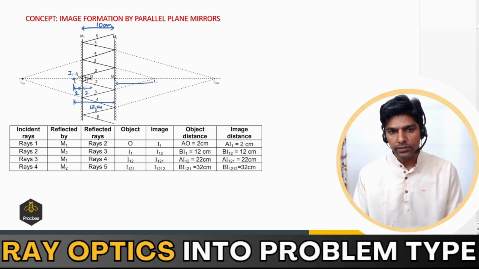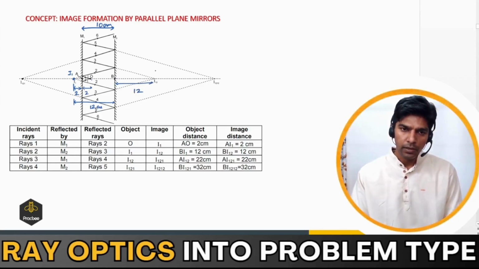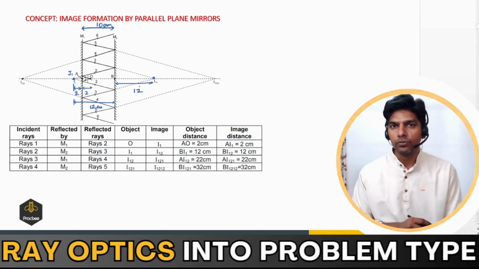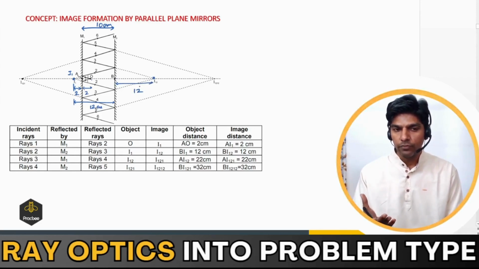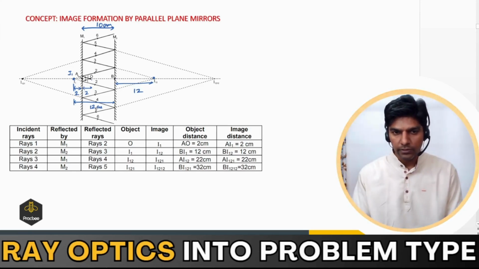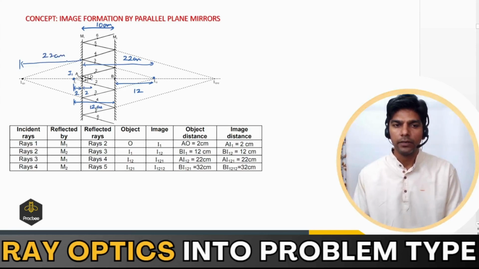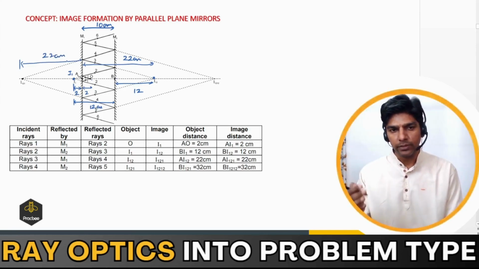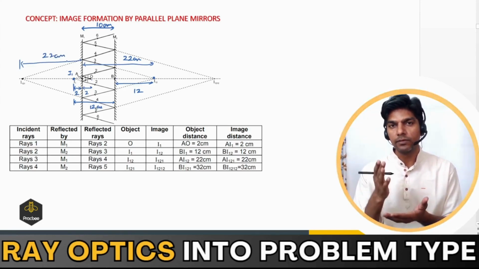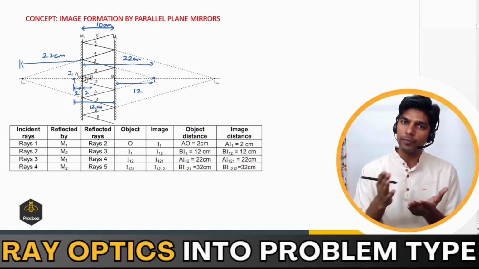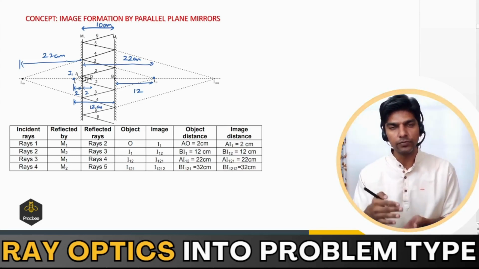Now this image formed by mirror 2 will act as the object for mirror 1. Now this object is placed at a distance of 10 plus 12, which will be 22 centimeters. So the image formed by mirror 1 will be 22 centimeter behind the mirror, right? And this phenomenon will keep on happening. So this is the phenomenon when we consider the first reflection with mirror 1. The same phenomenon can happen if we consider first reflection with mirror 2.